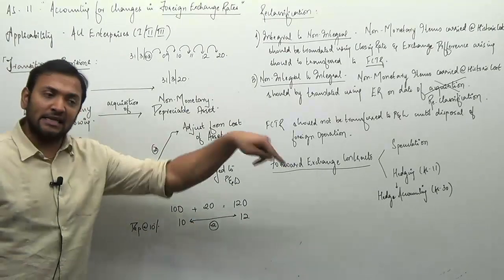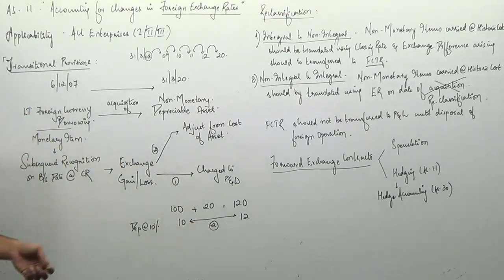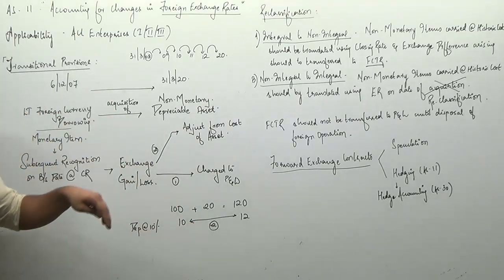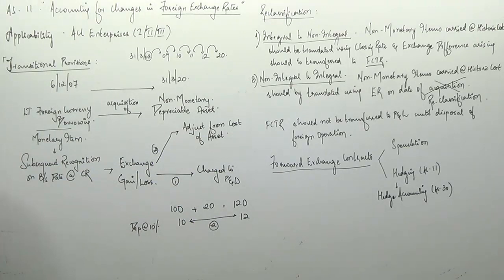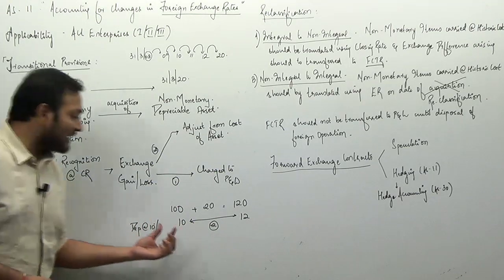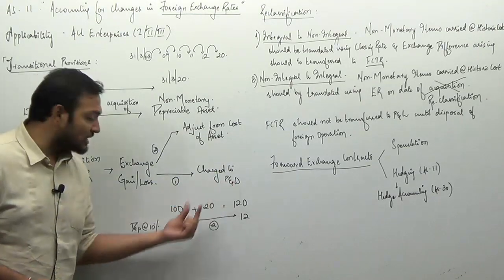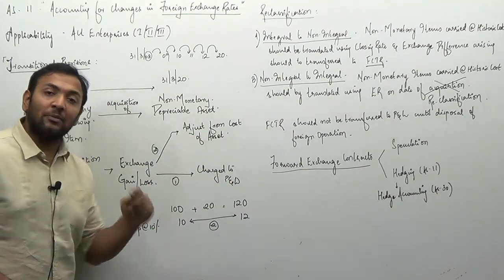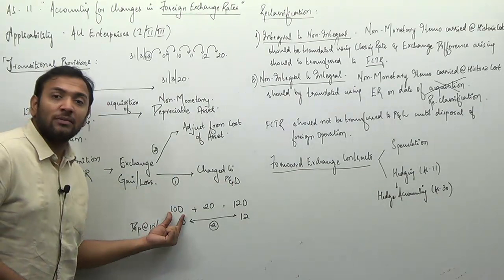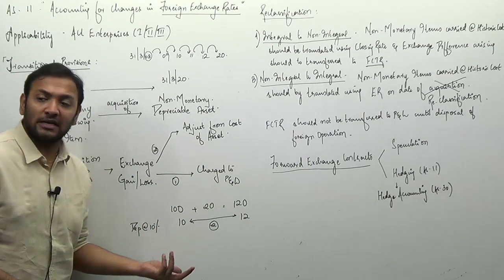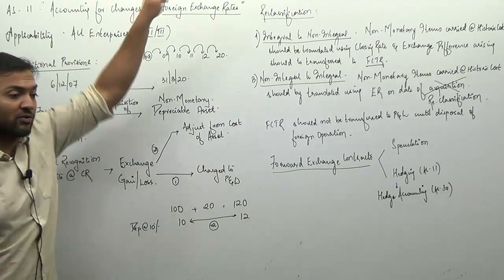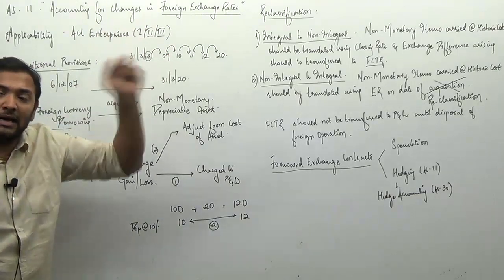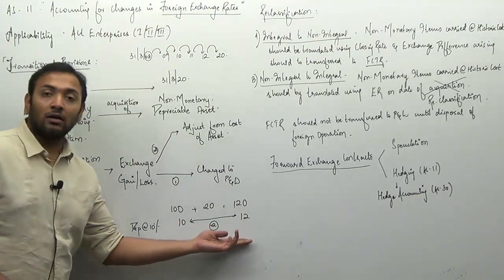That means 20 extra is written off to P&L in the earlier case, where we have already debited to P&L by calling it exchange loss. So, when we have treated the 20 as exchange loss and charged it to P&L, the asset will still show at 100. 20 rupees already debited to P&L. Depreciation will be charged to the extent of 100 rupees for the asset. So 100 rupees depreciation, 20 rupees of exchange loss, 120 debit to P&L.